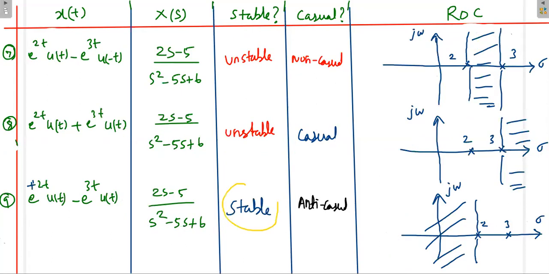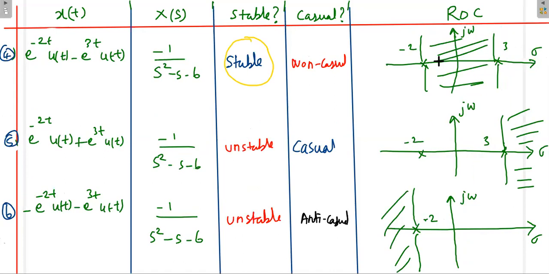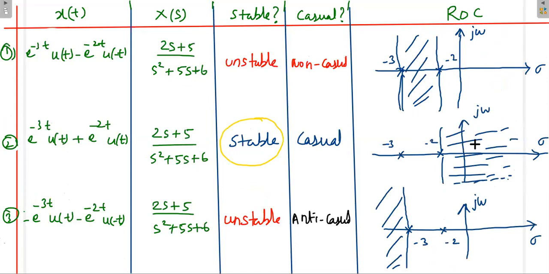So whenever we have a stable system, what is happening in the ROC diagram? Just concentrate on this diagram. This one has stable nature, this one has stable nature, and this one is also stable. If you see carefully, all these diagrams contain the j omega axis.